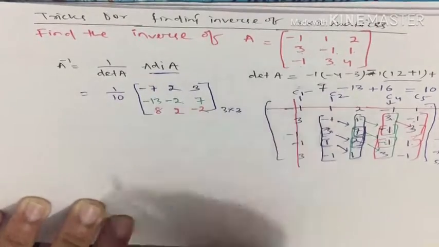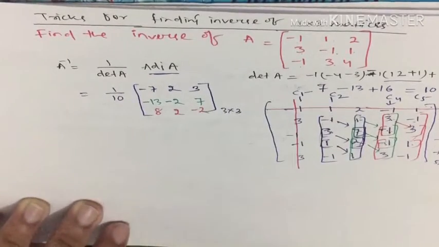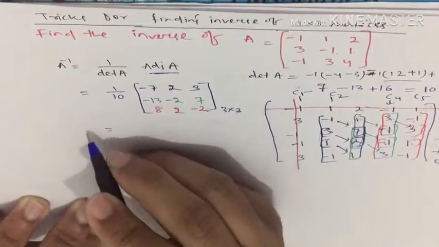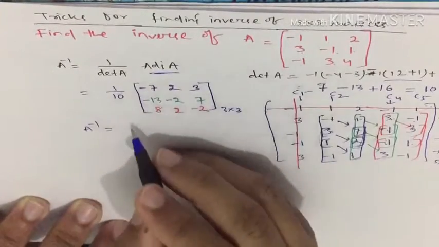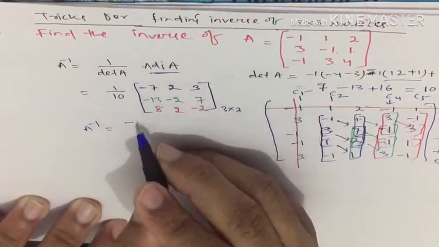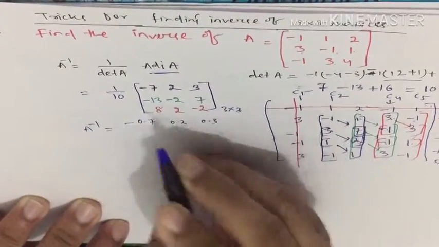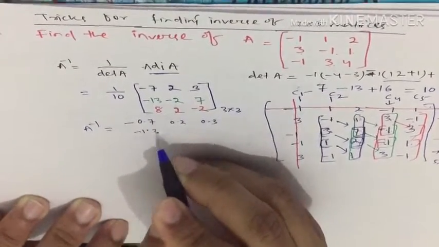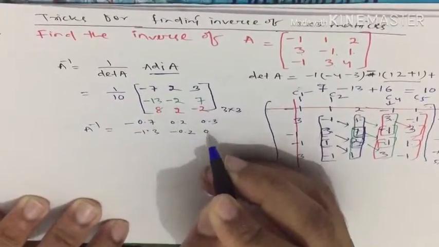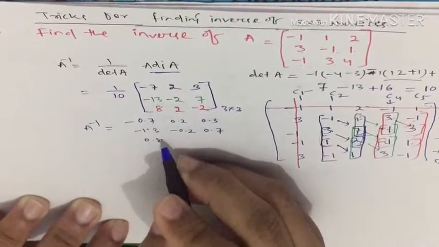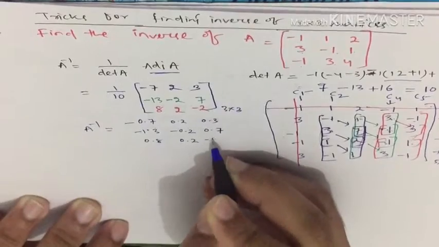Okay, so this is your required inverse. If you divide by 10 you will get 0.7, 0.2, 0.3, minus 1.3, minus 0.2, 0.7, 0.8, 0.2, minus 0.2.